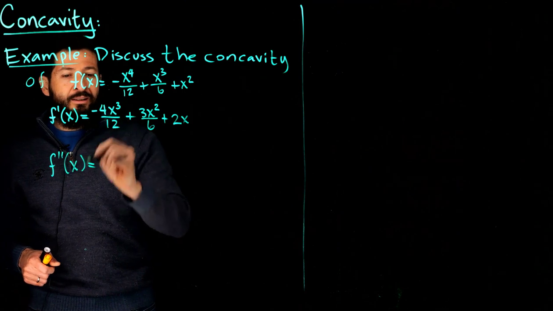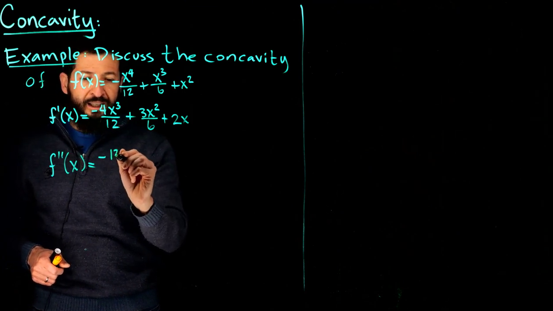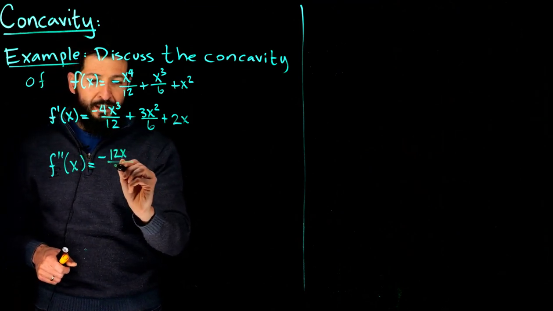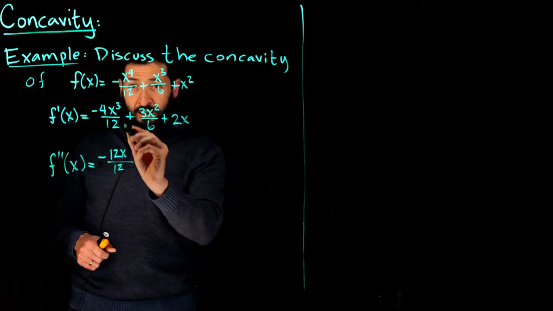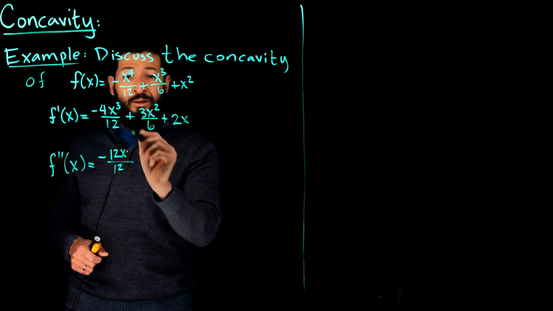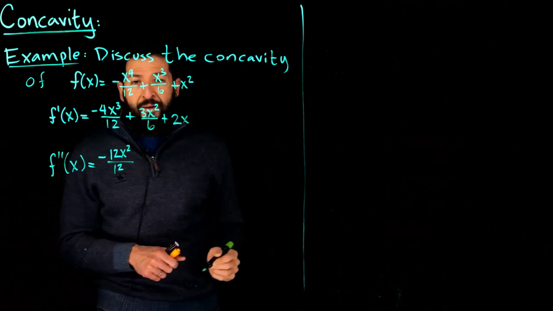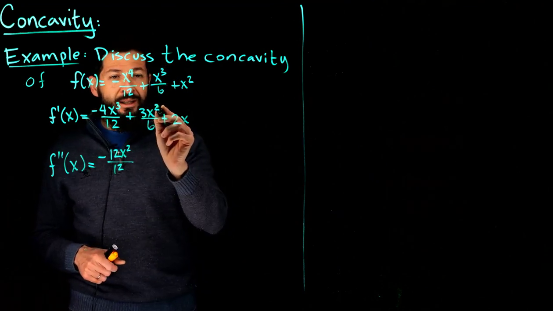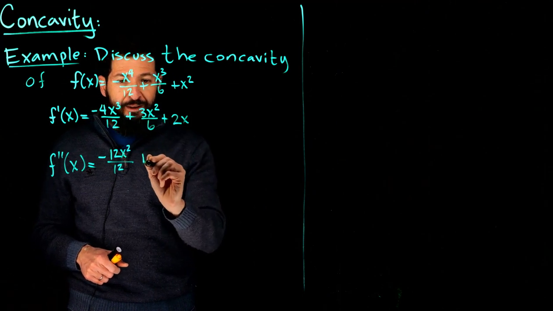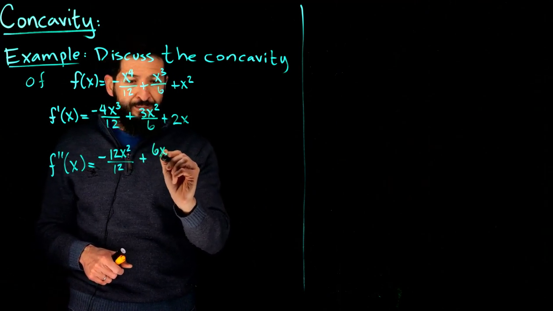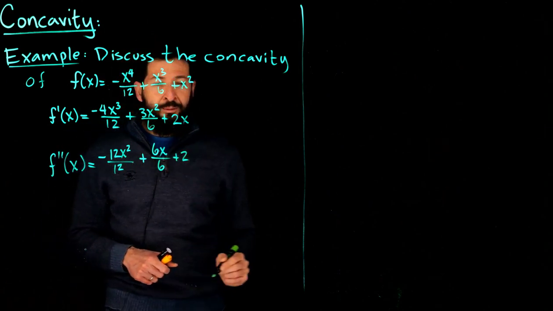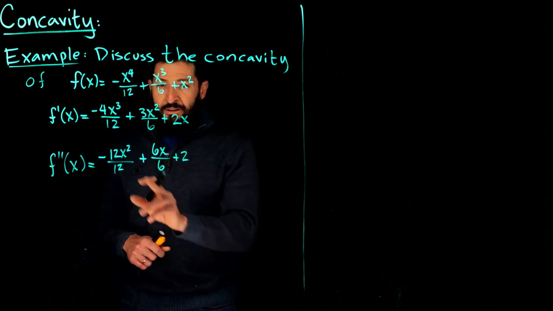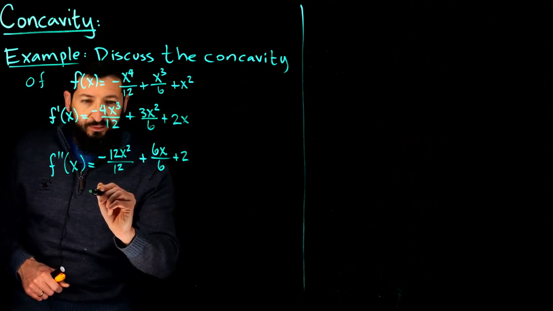And I get 3 times 4, or negative 4, so negative 12. And then, of course, there's a square here. 3 minus 1, 2. Then this one gets me a 2 times 3, which is 6. And then a 2 from this one. So we have that. Notice how nice that this all simplifies.